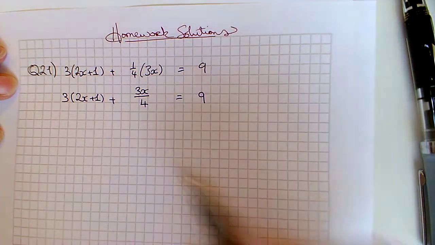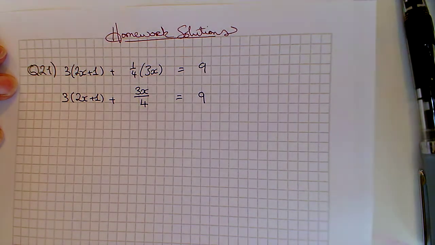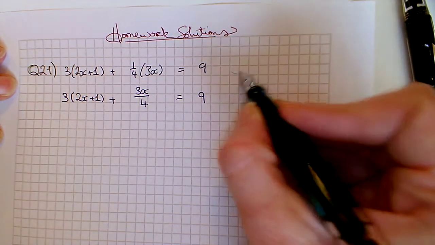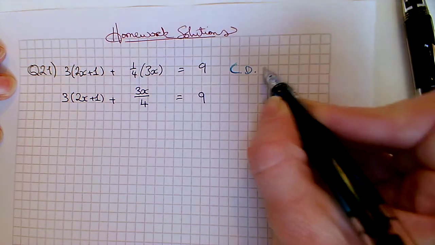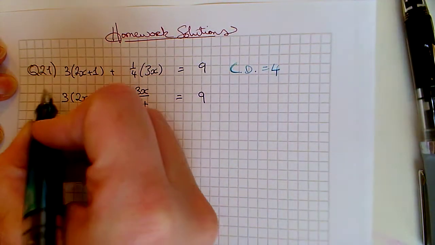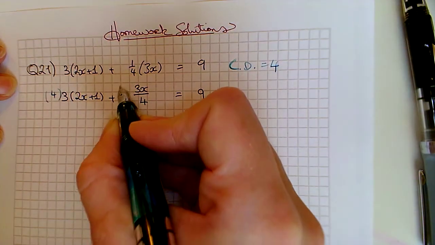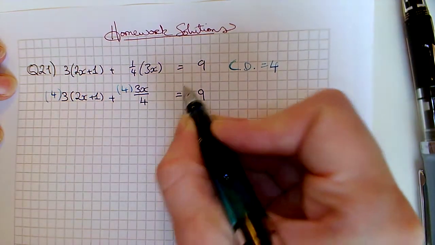And this means exactly the same thing. So my common denominator, there's only one fraction here, so my common denominator must be 4.